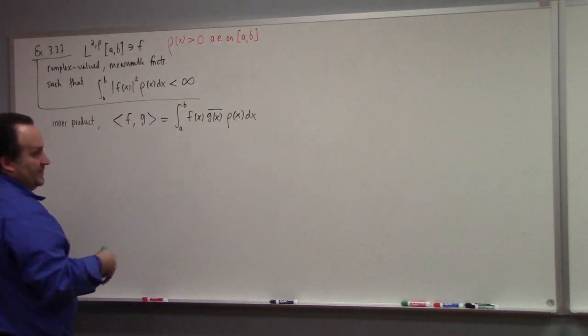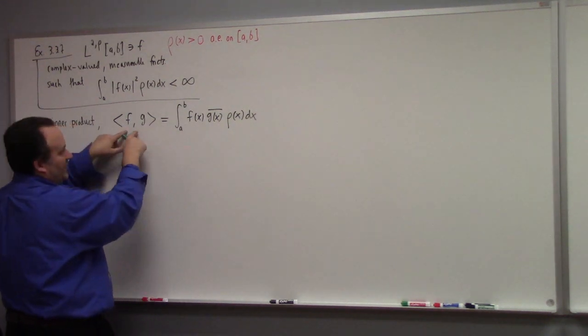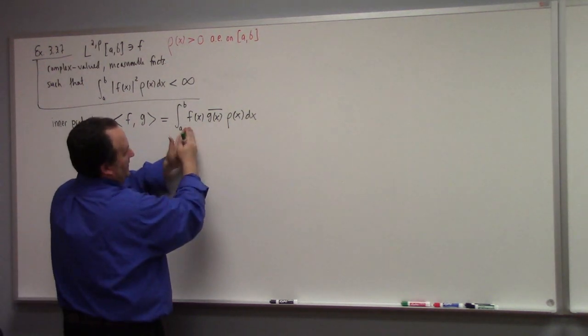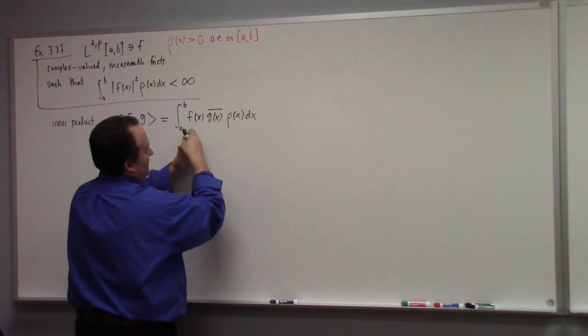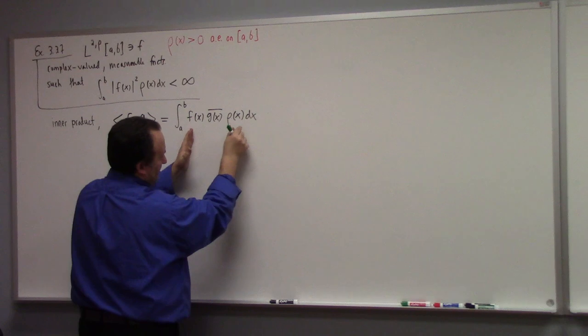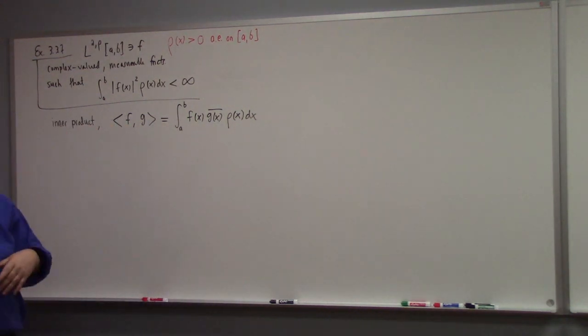Integrating a positive thing gives you back a positive thing. If the inner product of f and f were 0, you'd have the integral of the modulus of f squared times a positive thing equal to 0. That would imply that f is equal to 0 almost everywhere.